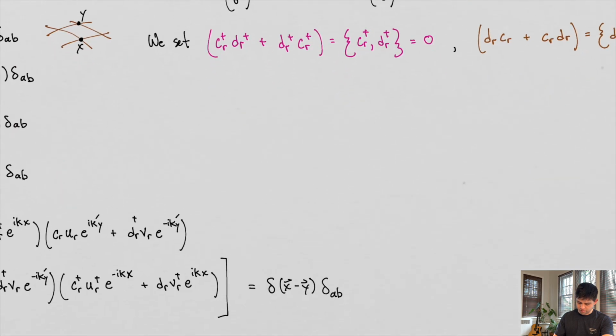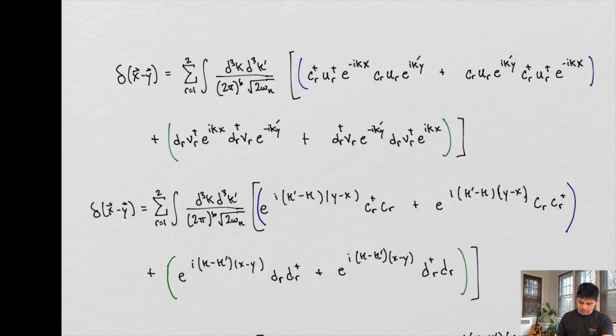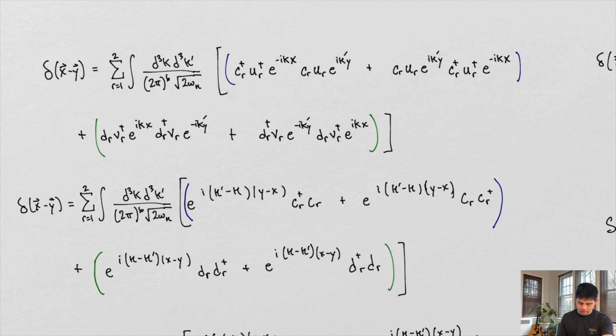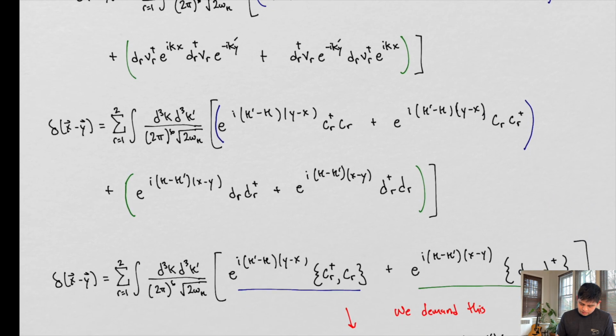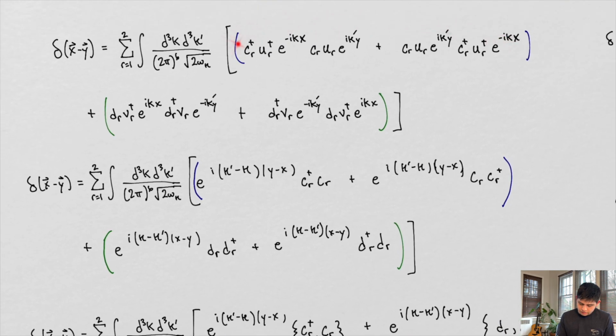So the blue and the green ones, here's our blue and here's our green. And what we're doing here is we're going to take these guys here. So here's our blue, right here. We're factoring out the C daggers and the C's, as we're doing here, for each term, okay? And then we're just taking our exponentials and rewriting them a little bit, right?